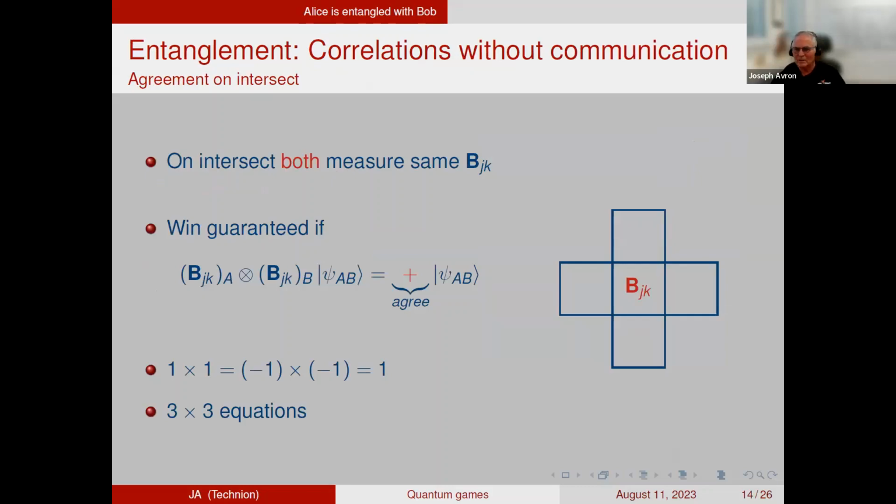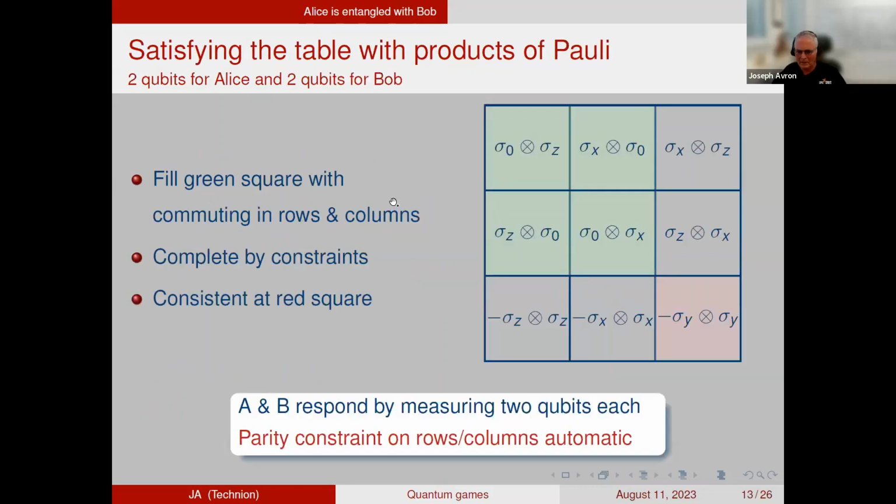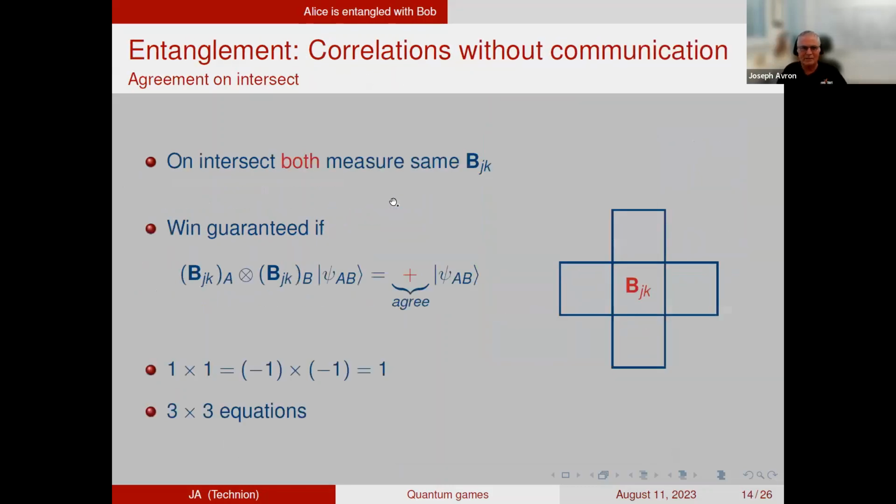Good. So now let me try and explain where the miracle comes from, that Alice and Bob will fill the intersect with the same entry. You see, since Alice and Bob use the same table of measurements on the intersect, Alice and Bob will measure the same observable on their qubits.